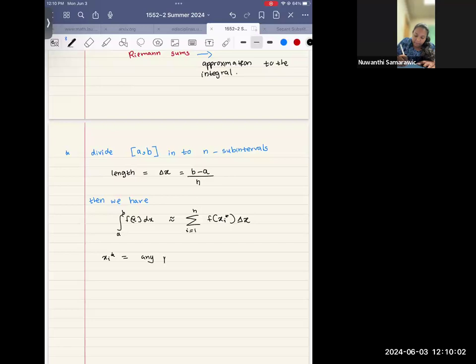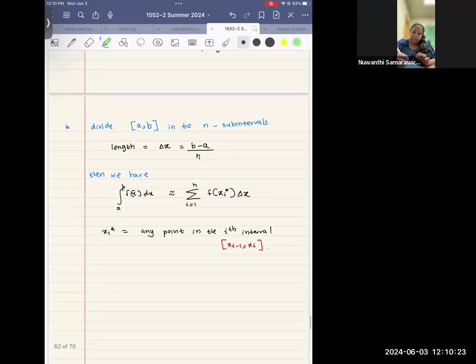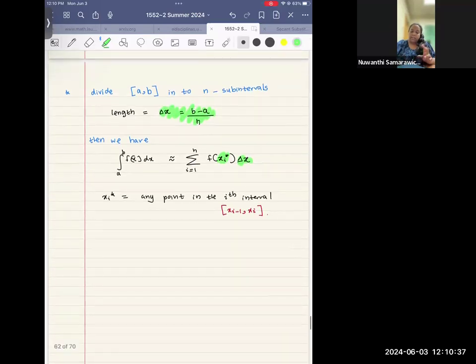This will be any point in the ith interval. What is the ith interval? The ith interval is x(i minus 1), xi. So this is any point in the ith interval, and delta x is b minus a over n, where n is the number of subintervals.